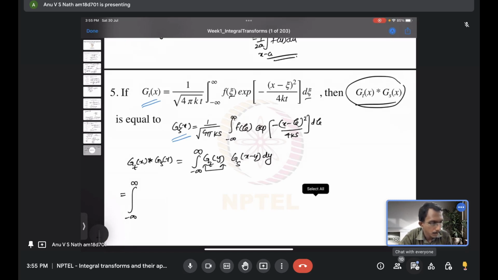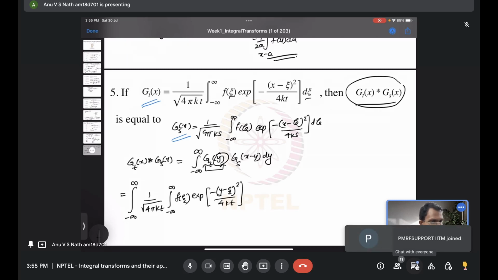It's 1 by square root of 4 pi k t, integral from minus infinity to plus infinity of f of xi, exponential of minus, because we are using the variable y, (y minus xi) squared by 4kt, d xi.